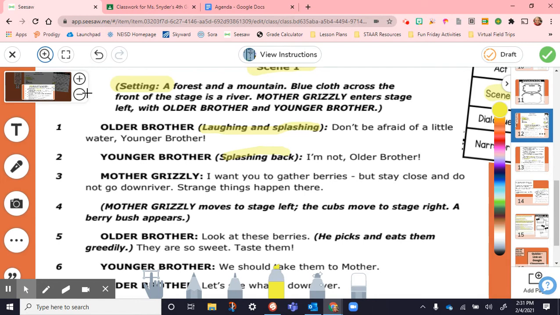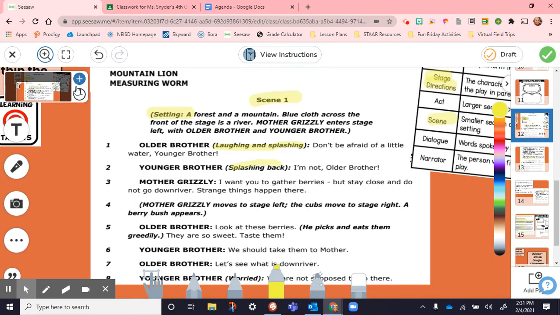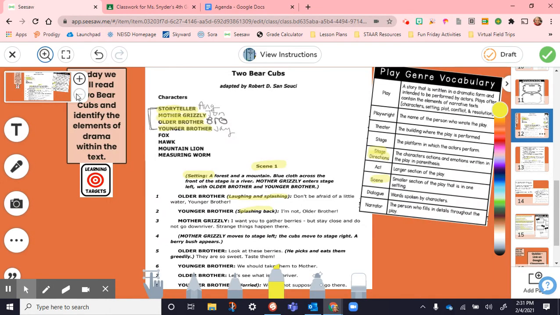And again, they're telling the actors what to do. And when you're reading it, they're giving you information that's really helping you paint the picture of this story. Like when he goes to eat the berries and he picks them up and starts eating them greedily, well, that's a certain way that he's eating them.